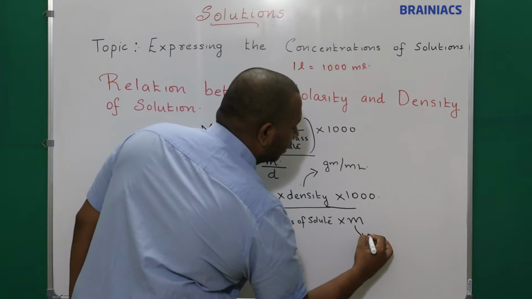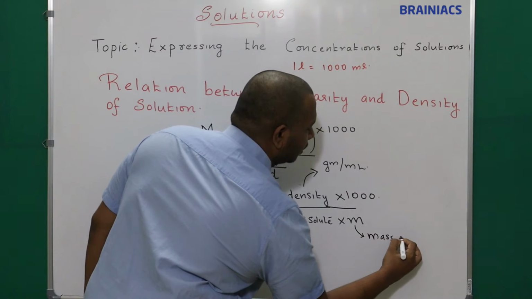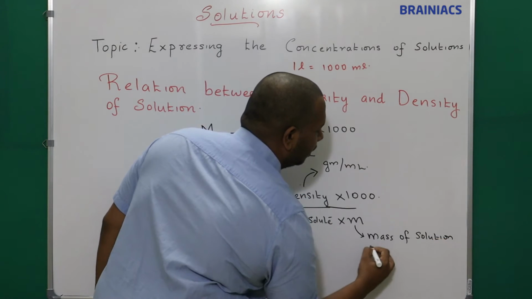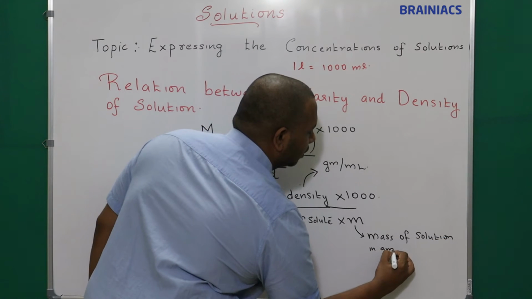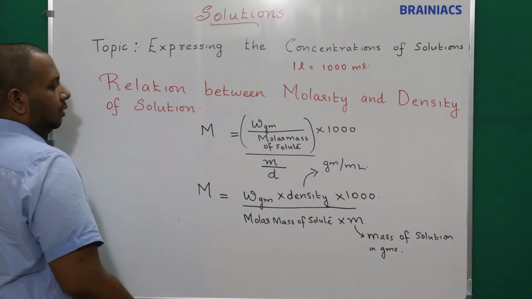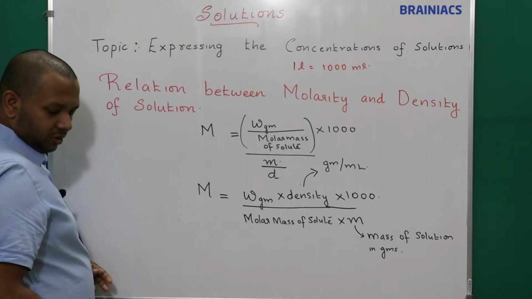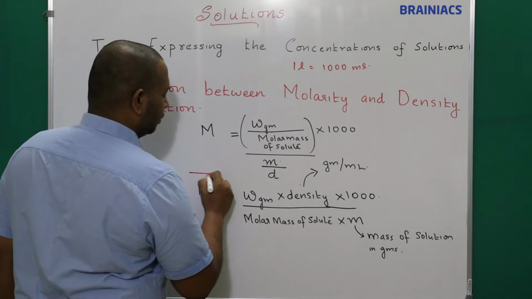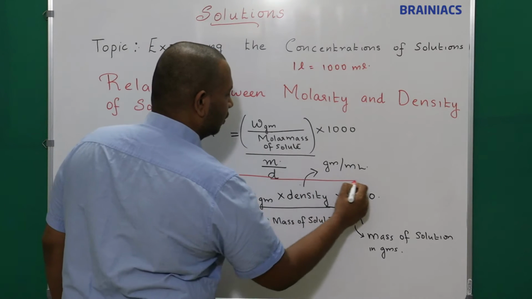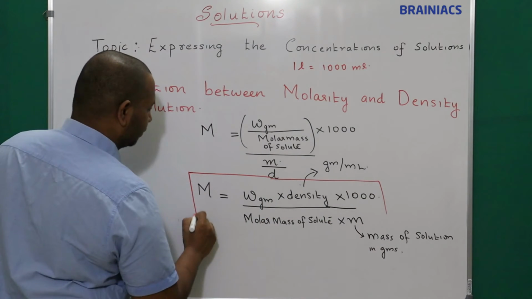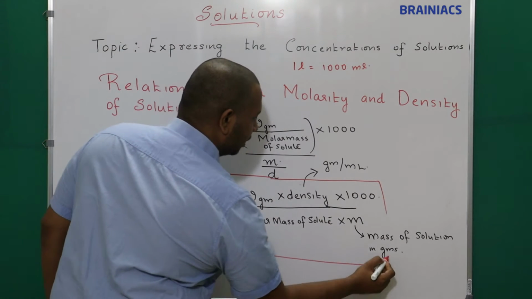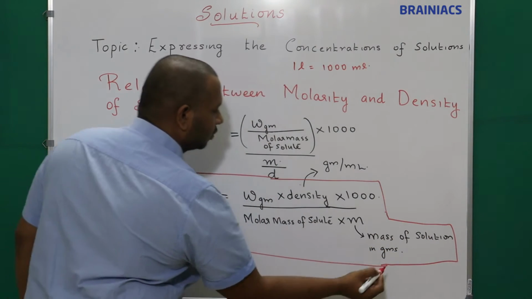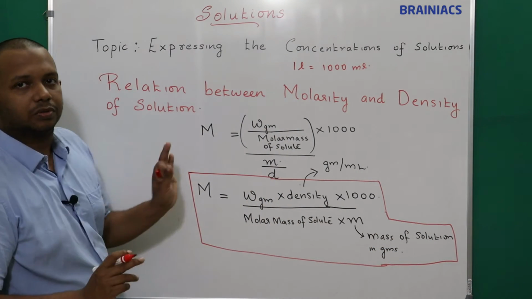M stands for mass of the solution in grams. Very important. So I can say this is my final equation for molarity as well as with the density. So please remember this equation also for your exams. This also can come for the exams, and you can score good marks because this is a most repeated question.